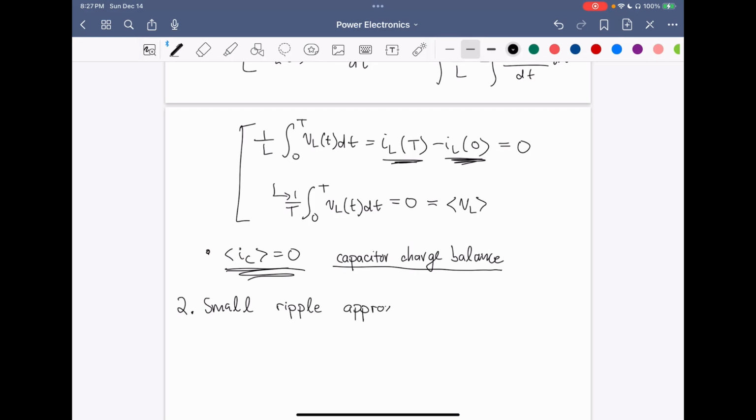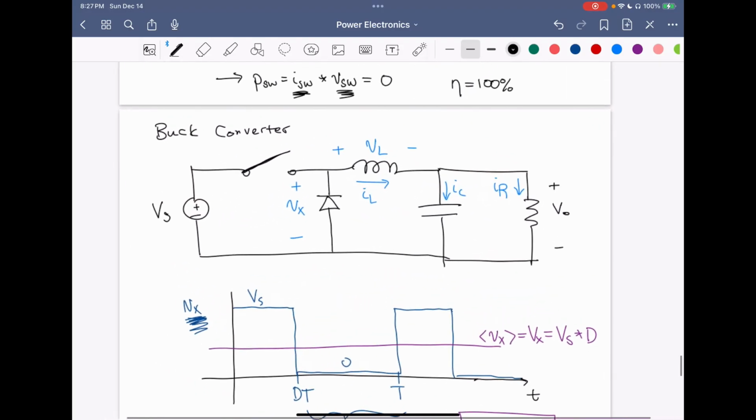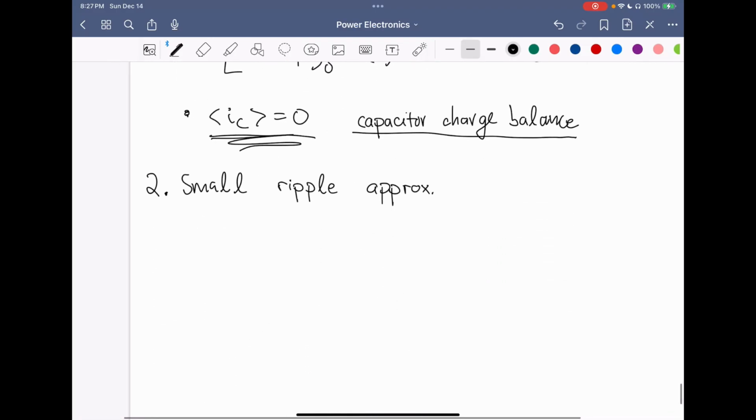This means that in our buck converter, this output capacitor C is large enough that we assume any output voltage ripple across the load resistor is negligible compared to the DC voltage. So that just means that the output voltage, V out, is equal to a constant value.